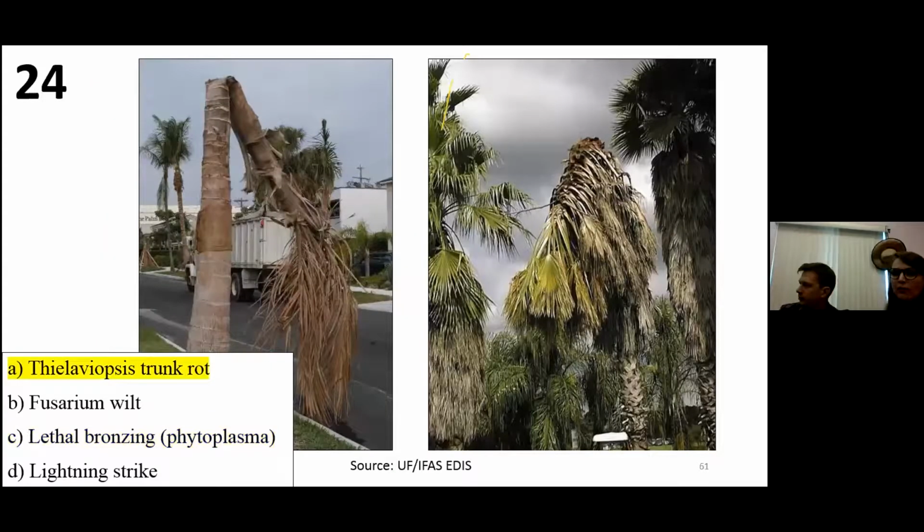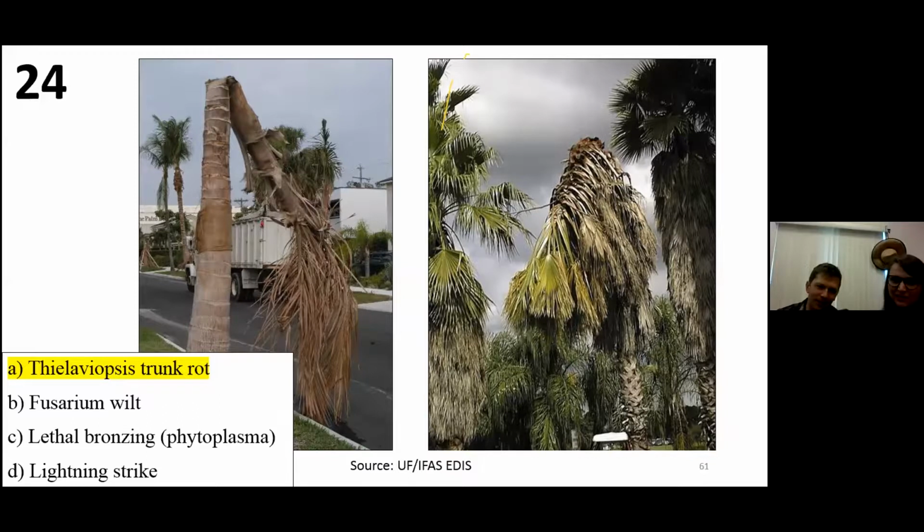Number 24, the last one. Phomopsis trunk rot. I think I'm pronouncing that right. This one was a little bit obvious, in that the description of the disease is in the name.